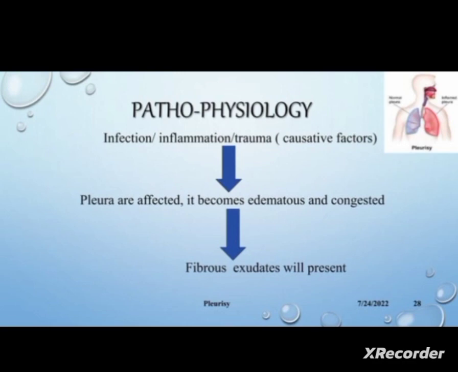Regarding pathophysiology, due to etiological factors, there will be infection or inflammatory response. That's why the pleura are affected and become edematous and congested. So there will not be adequate pleural space, and there will be fibrous exudate, which also comes due to the inflammatory response.